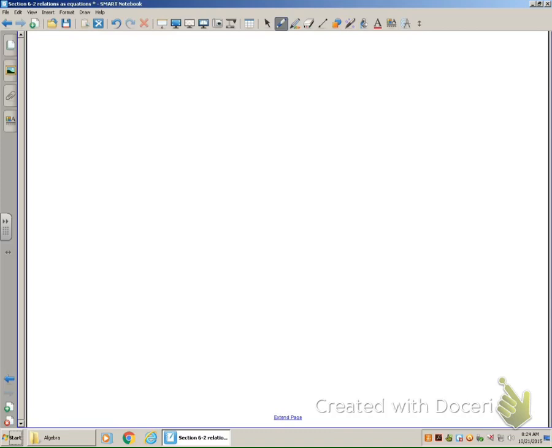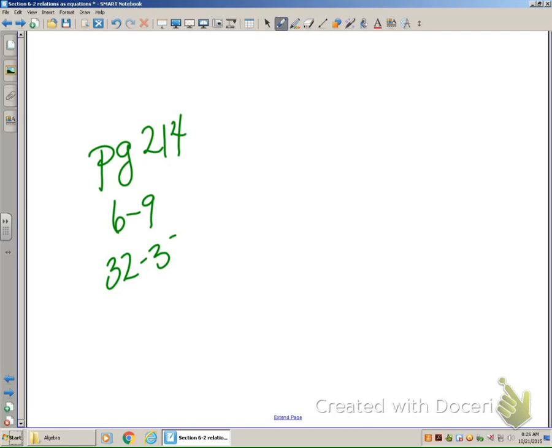If you turn to page 214, I want you to do numbers 6 through 9, and numbers 32 through 38. 38 is your challenge question, and you can do it. First, convert it to where you have y all by itself, then plug in the x's. If you have any questions, don't hesitate to ask.